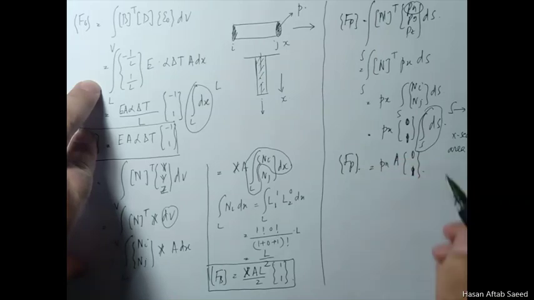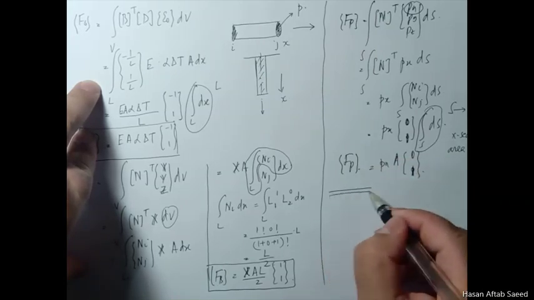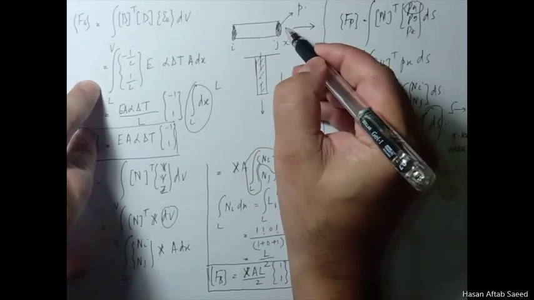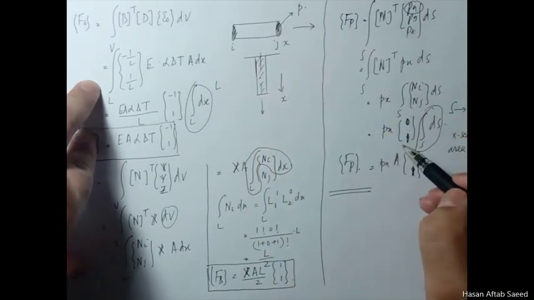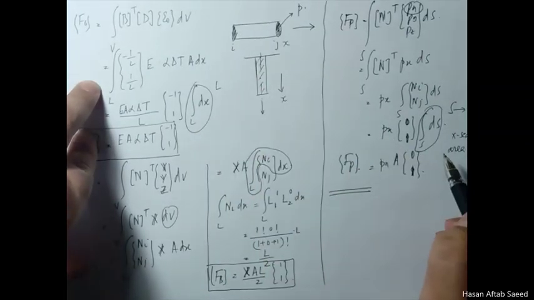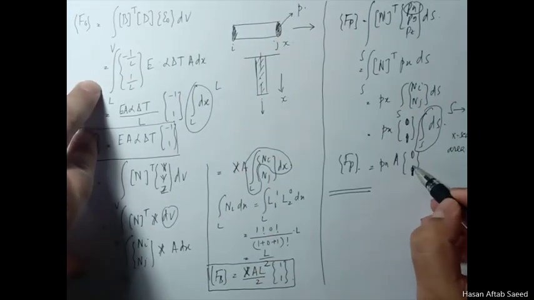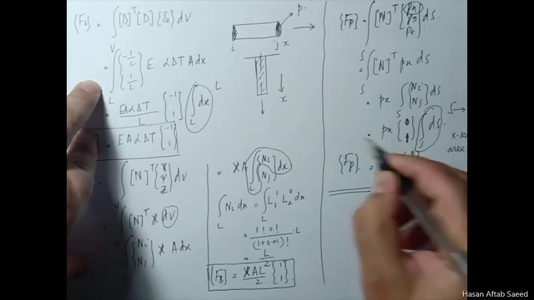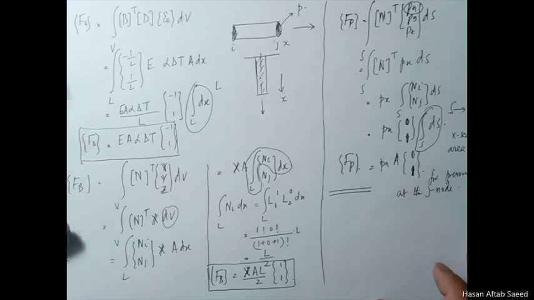Now it's very obvious that if we assume the opposite, force acting here but not here, then the 0 and 1 will shift, and will also depend on the direction of the force. If it's in this direction, that will be positive, otherwise it will be negative. But I think you get that point. So this is for the case of pressure at the J node. For the I node, you can change this accordingly.